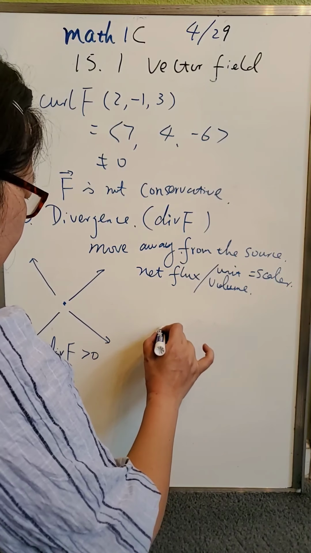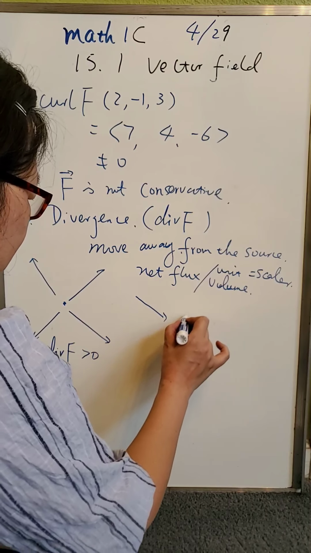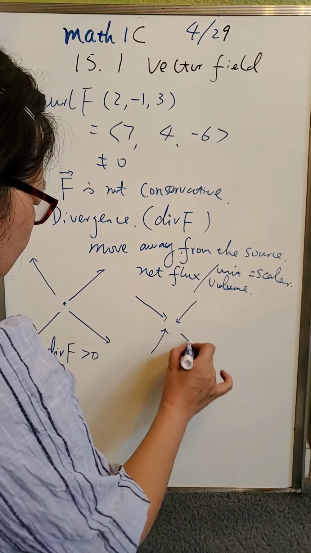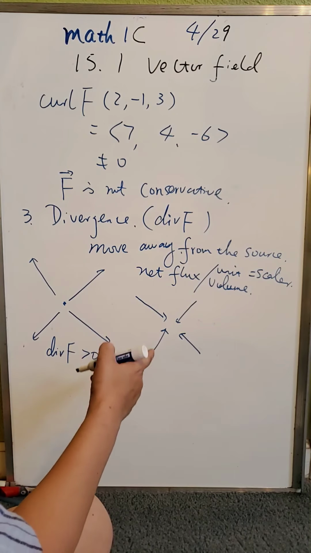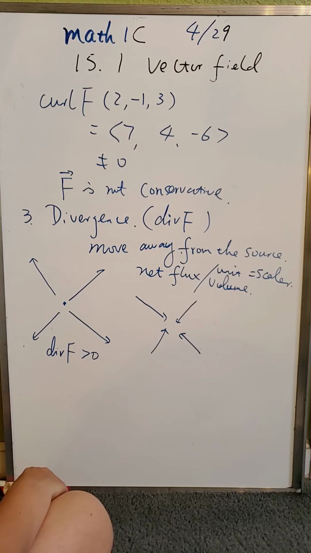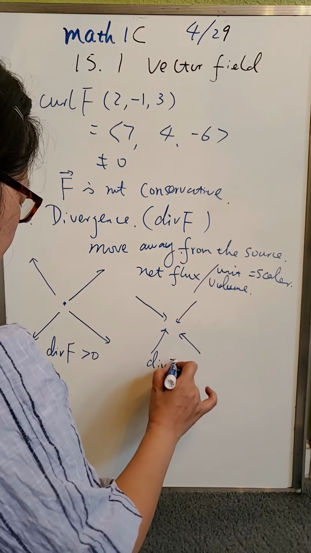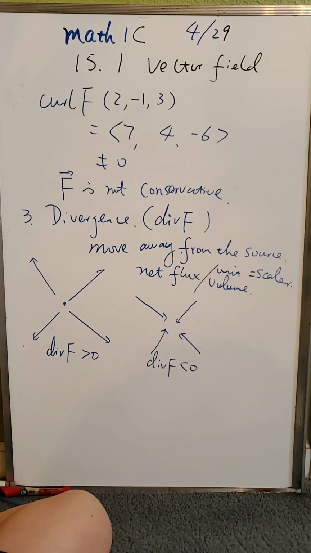The second one is when the source comes from outside and you're going inside a place, like pumping air into a tire. Then your divergence is less than 0. So that's the second type of divergence you see.